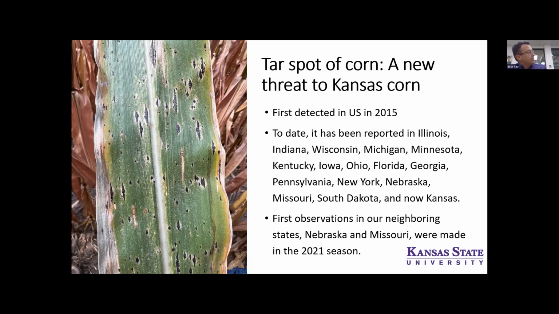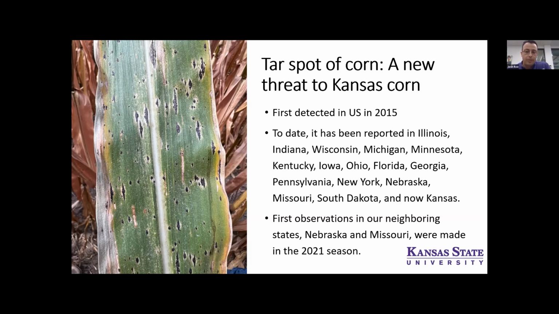As the disease develops, you can start seeing necrotic tissue around the lesions. One of the main things with tar spot identification is that if you rub your finger on those lesions, it will not come off. Those lesions are hard, and sometimes you can even feel it when you're trying to identify it out in the field.